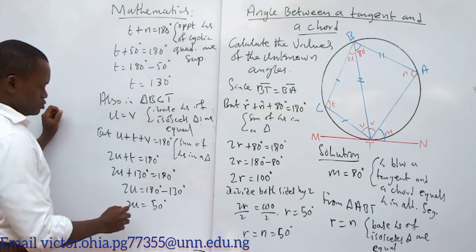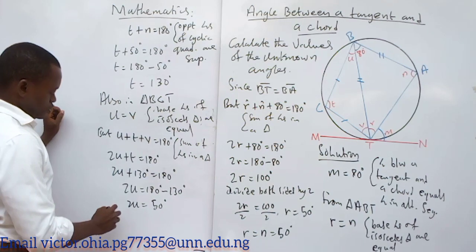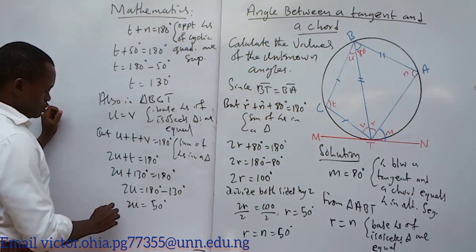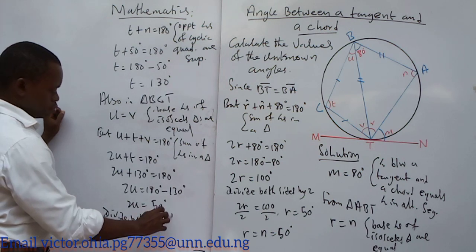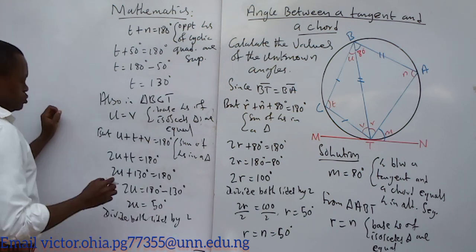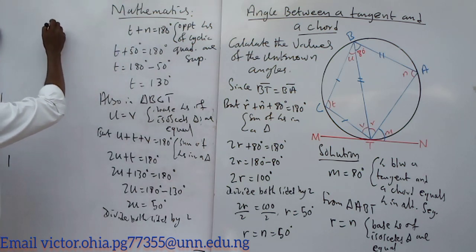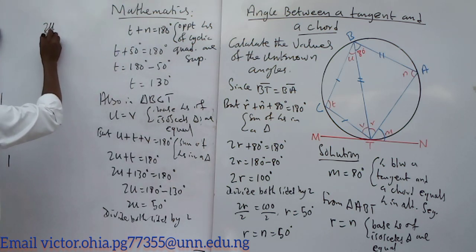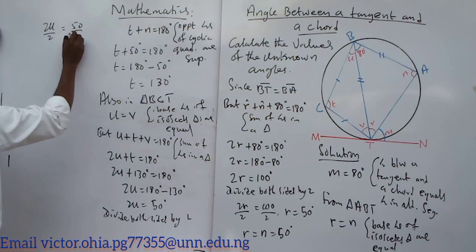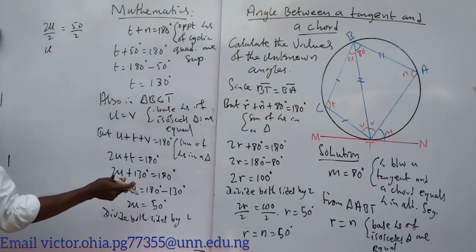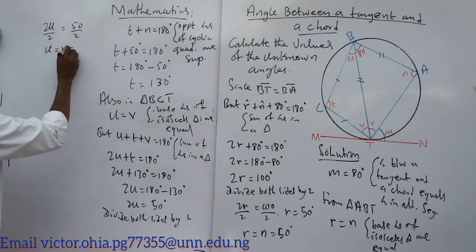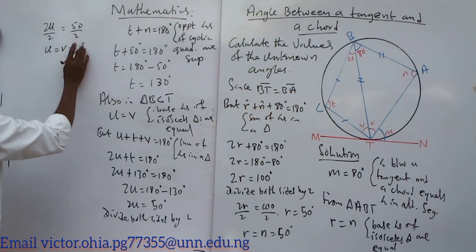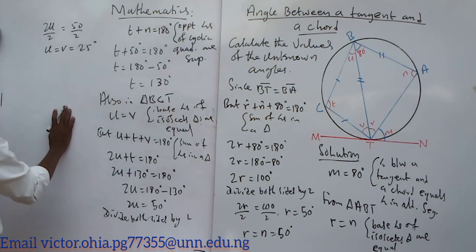So what do we have now? Divide both sides by 2. If we divide both sides by 2, we are going to have 2u over 2 equals 50 over 2. That means u, now that u is equal to v, is equal to 25 degrees. I'm sure that is very clear.